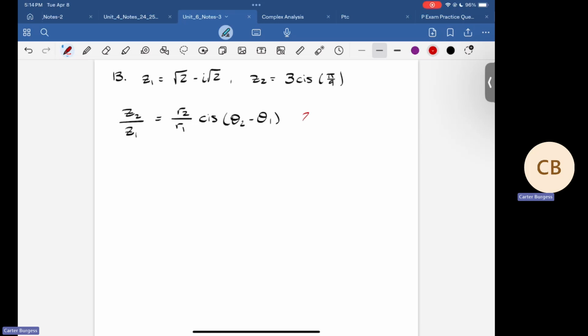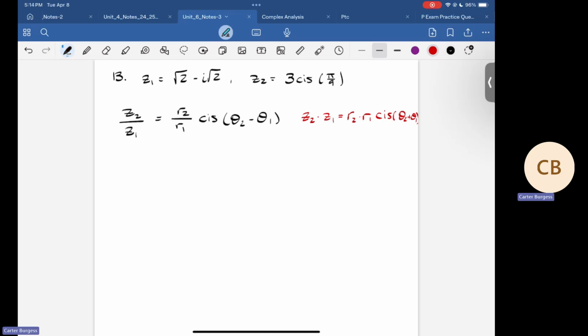And if we were multiplying them, like if we did z2 times z1, we would multiply the r's, r2 times r1, and add the thetas, theta 2 plus theta 1. Okay. In this case, though, we're dividing.